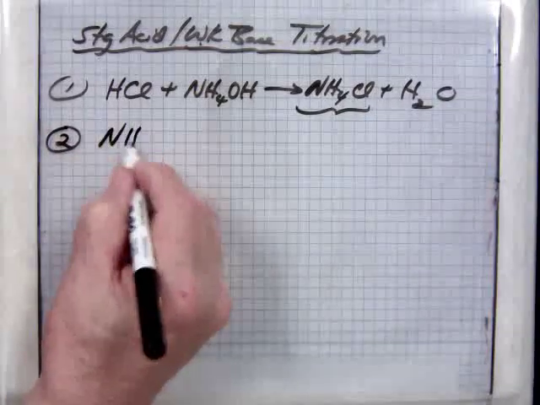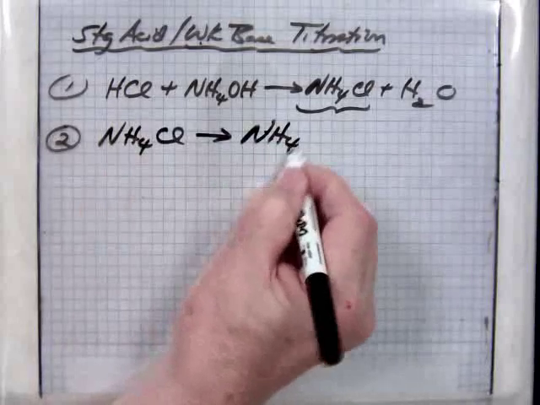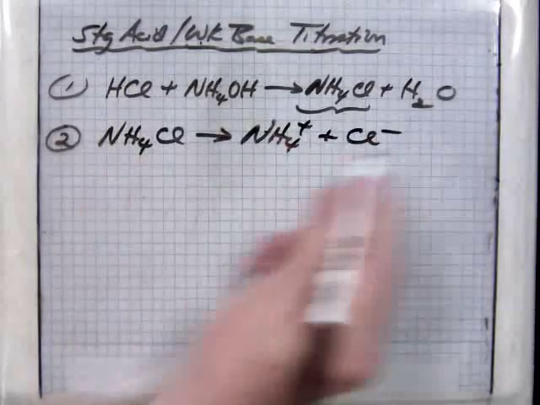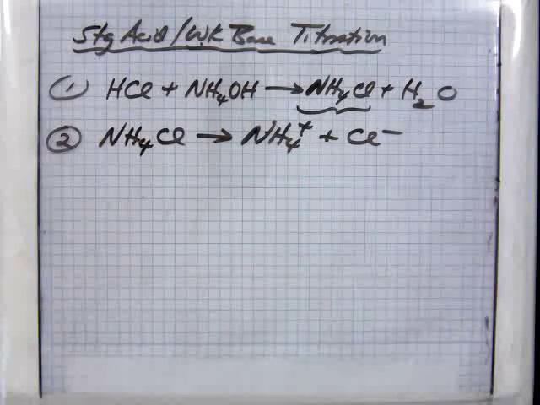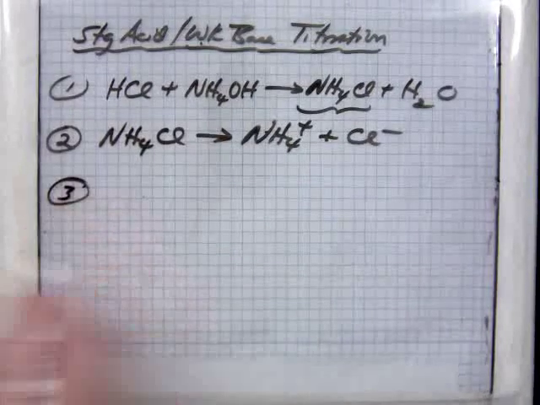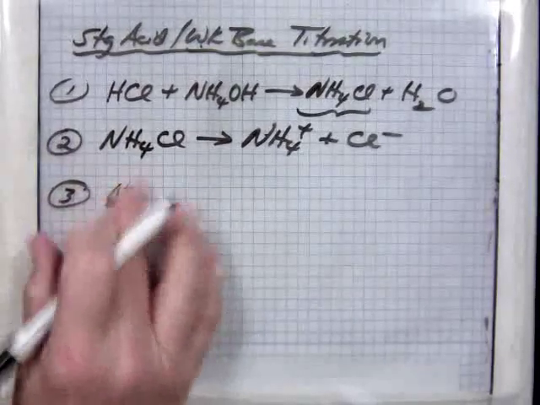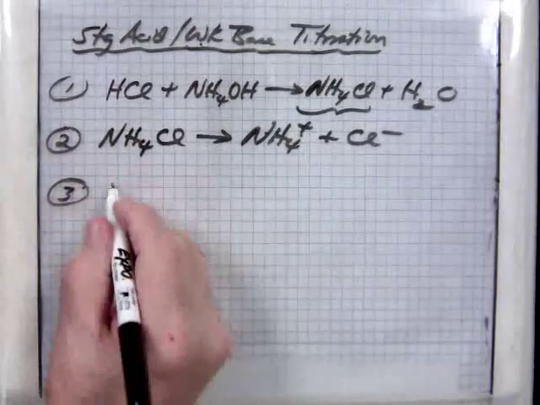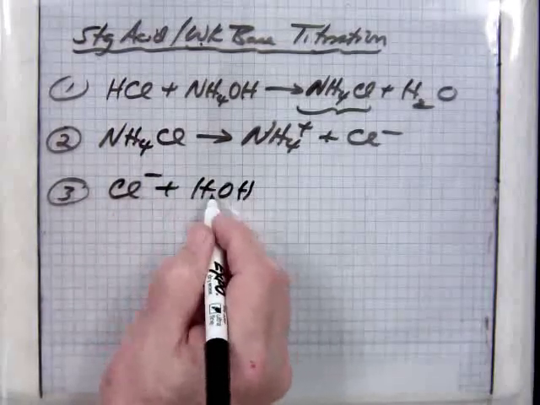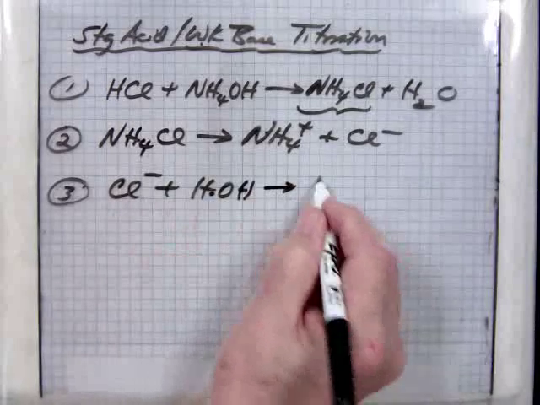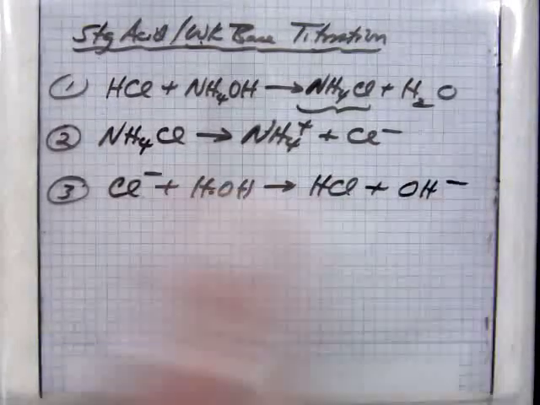So NH4Cl goes to ammonium plus the chloride ions, like that. Then the ammonium reacts with the water. I'm going to put the chloride first because it's a no reaction.